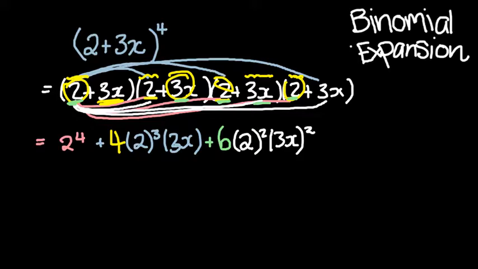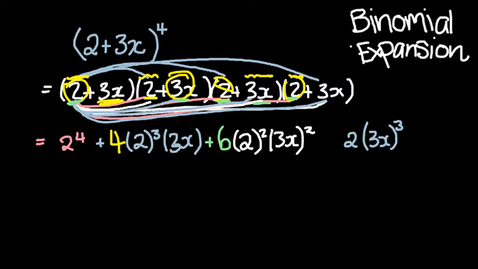Next, I'm beginning to run dry on this, but I could do 2 times by the 3x, times by another 3x, times by a final 3x, and that gives me 2 times by 3x cubed. 1 2 times by 3x times by 3x times by 3x.